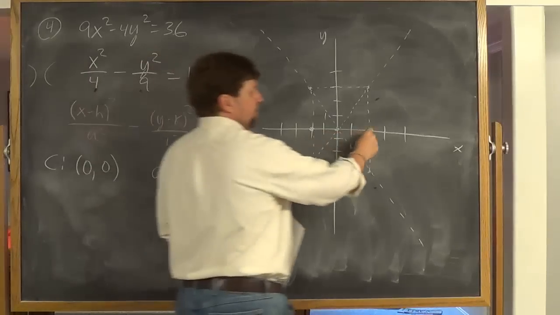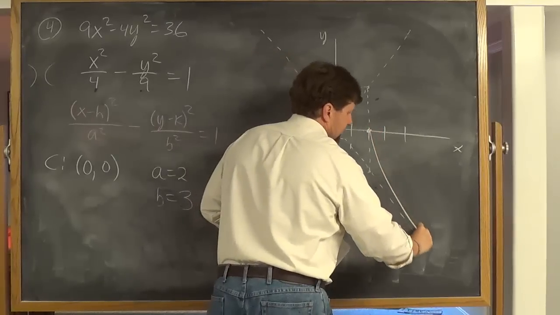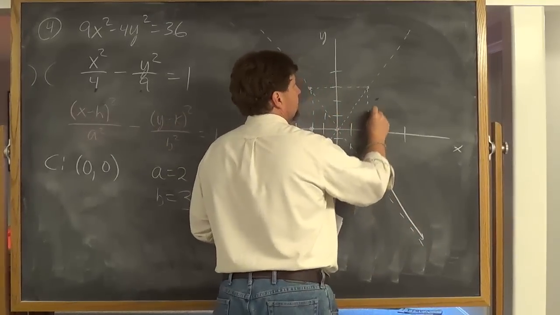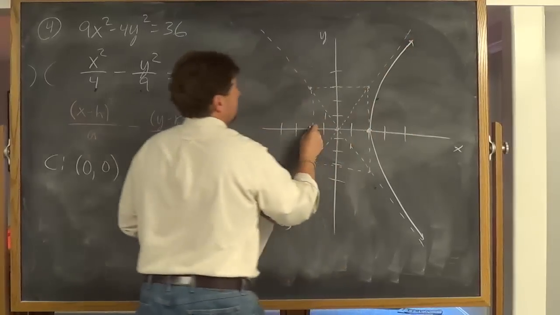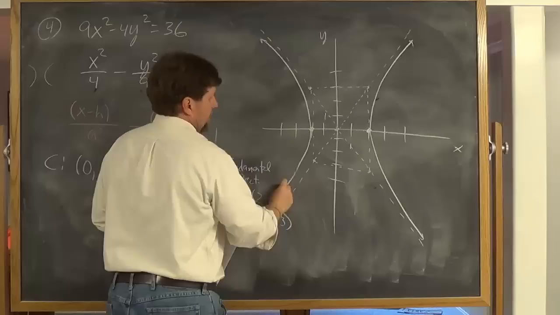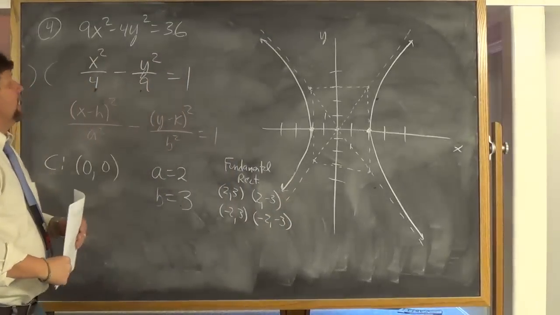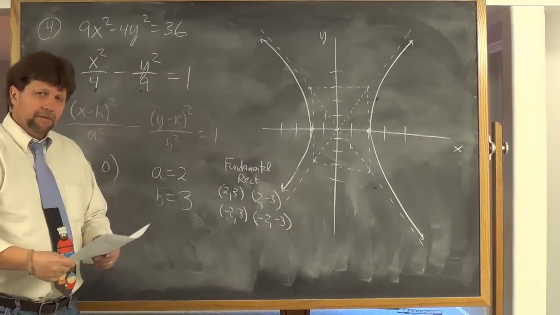So I know the point 2, 0 is on the graph of the hyperbola. I have my asymptotes sketched in. They're the extended diagonals of the fundamental rectangle. And that's what I have for the graph of the hyperbola. So that's basically it for number 4.